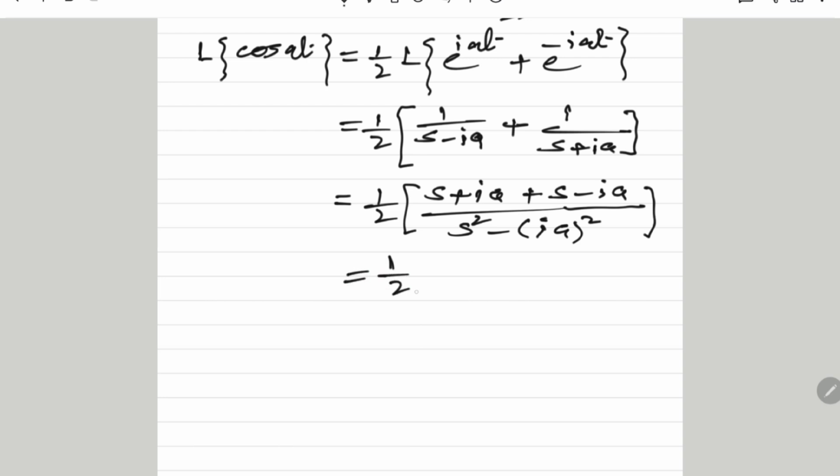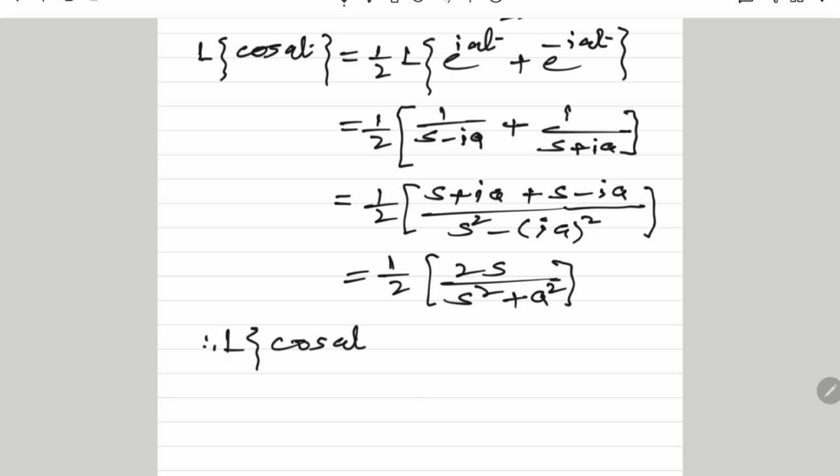Simplifying it, we get 1 by 2. s plus s, we get 2s. s square, i square is minus 1, minus minus plus, we get a square. 2 gets cancelled, and therefore we get Laplace of cos at as s divided by s square plus a square as the required answer.